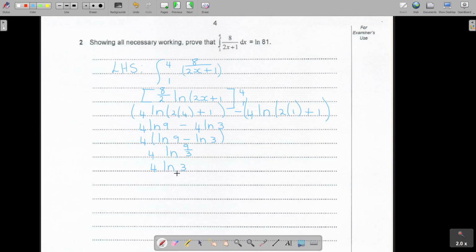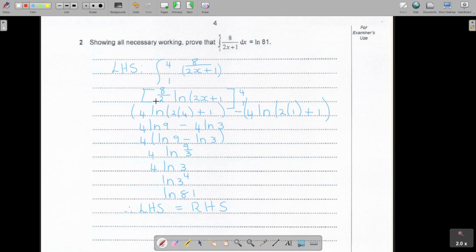And now I'm going to use the power law. So I'm busy with the laws of logs. I'm just going to jump up, and that's going to be ln 81. And you can end by saying the left-hand side is equal to the right-hand side. Something like that. And where are you going to get your marks?